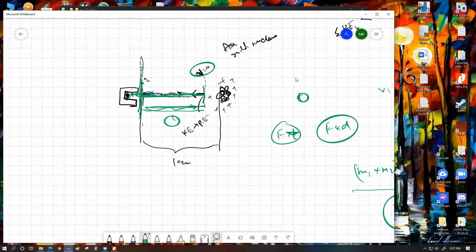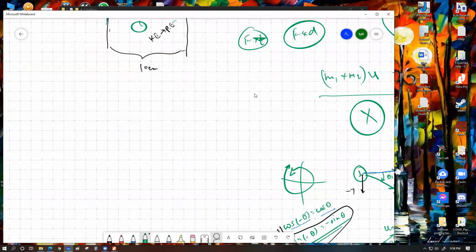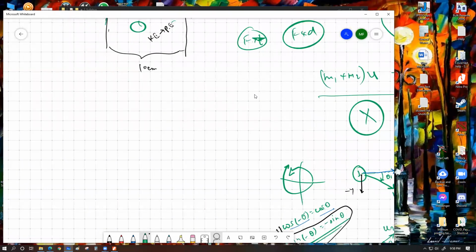Circular direction means two protons moving in a circular motion with respect to an object, like the electrons moving around the nucleus, sir. That is possible.